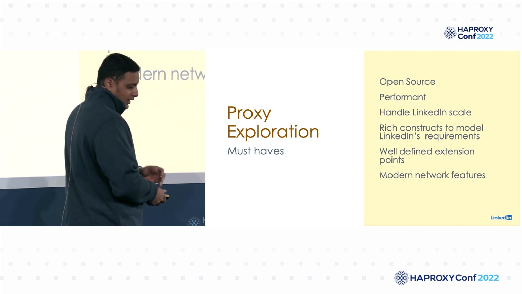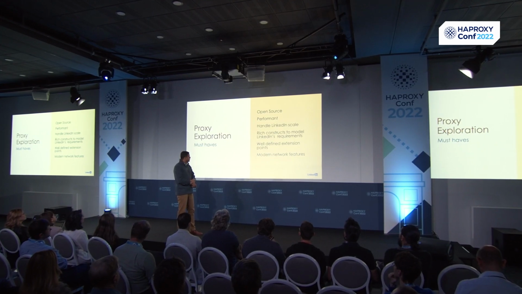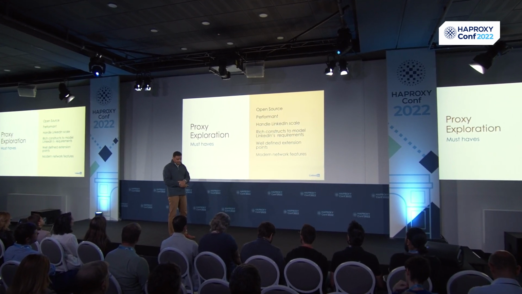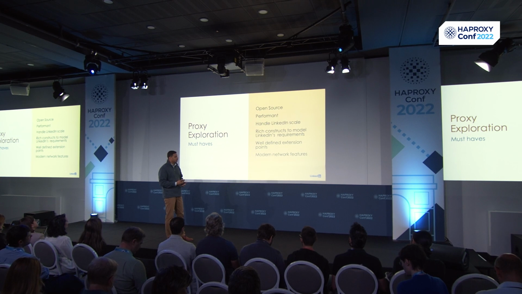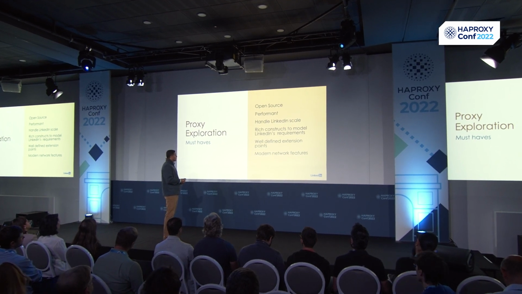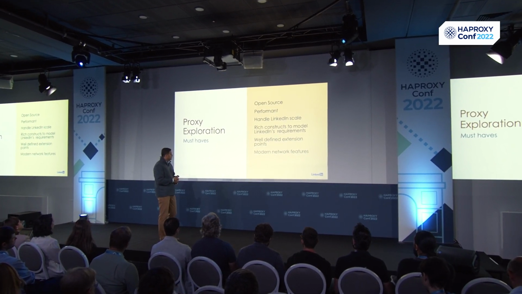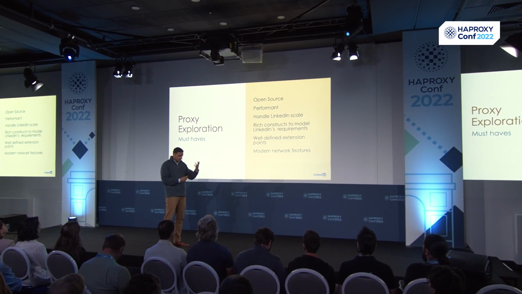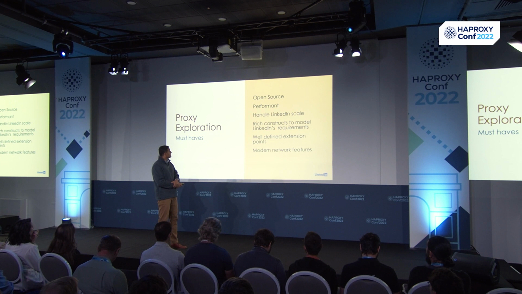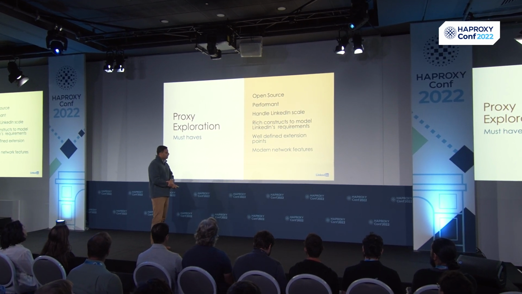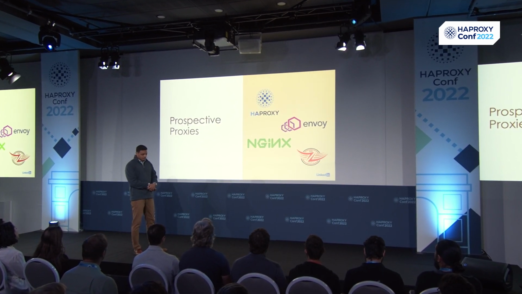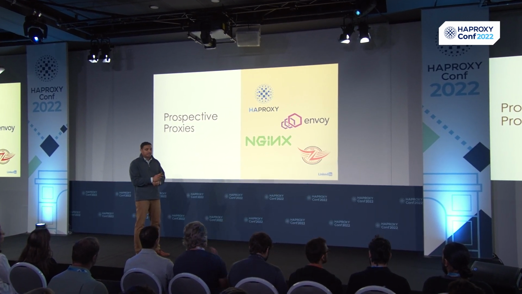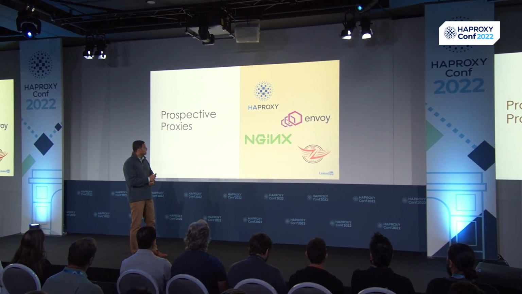And we will have some custom logic, so we want well-defined extension points to add our custom logic and also have very good fault isolation there. We want it to support the modern network protocols and frameworks to support the next generation of applications at LinkedIn. Yeah, so we started off with evaluating the top proxies in the industry.